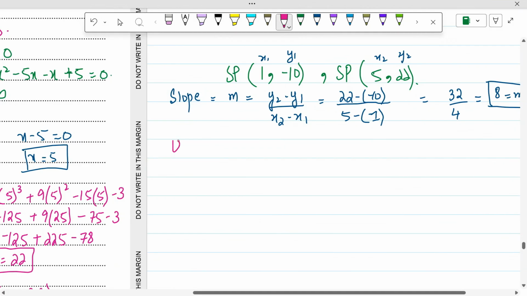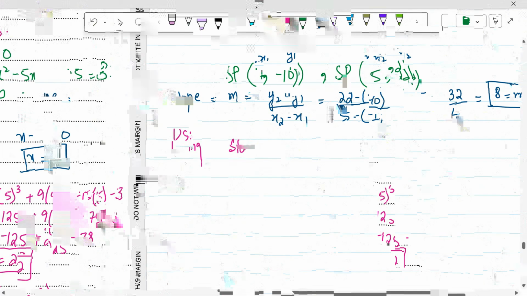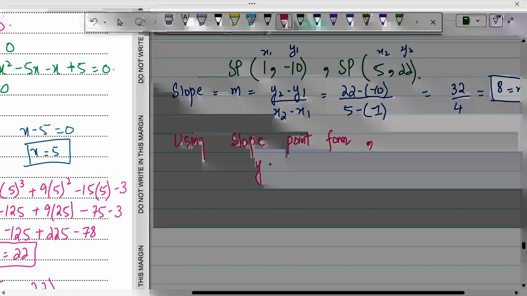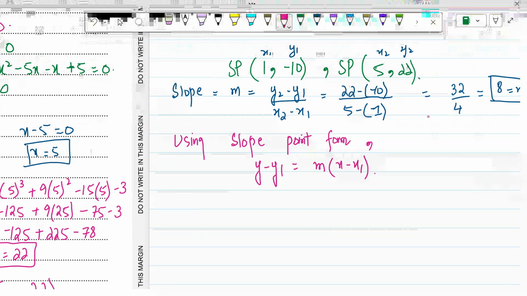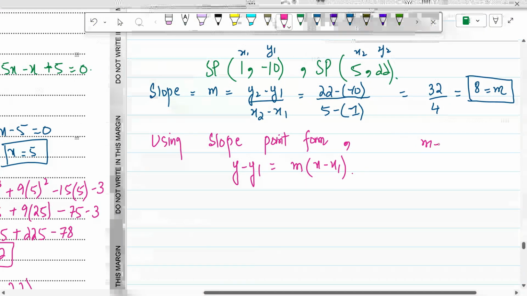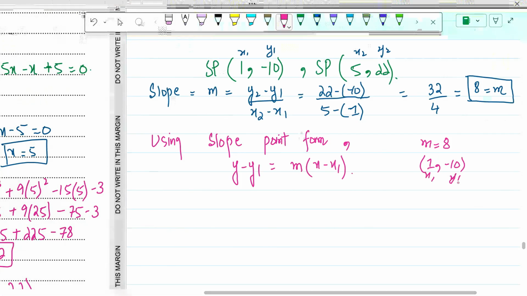Now using the slope-point form, we can find the equation of the line, which is y minus y1 is equal to slope times x minus x1. In this case, the slope is equal to 8 and the point is 1 comma negative 10. This one is x1, this one is y1.